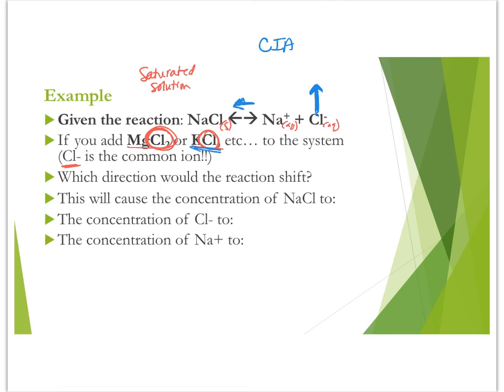The direction in which the arrow is pointing, the substances that are in that direction are going to go up. Okay, so that means this goes up. What would happen to the amount of sodium? Well, if it's going to the left, that means the sodium is starting to get used up, so it's going to drop. This would increase because it's added.